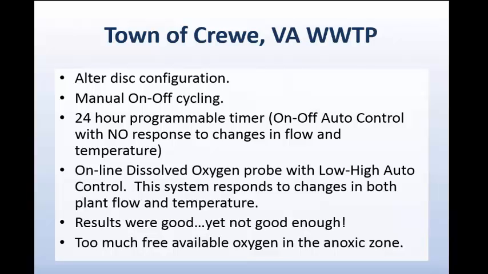So for us to attain a true anoxic zone, a zone that only had the combined form of oxygen, the nitrates, available for the target microbes, we had to get the dissolved oxygen level in our anoxic zone down and discover exactly where that extra free available oxygen was coming from and how we could eliminate it. So our task was find the source and eliminate it.